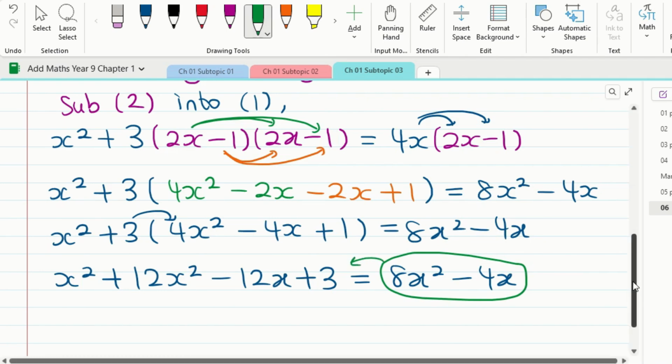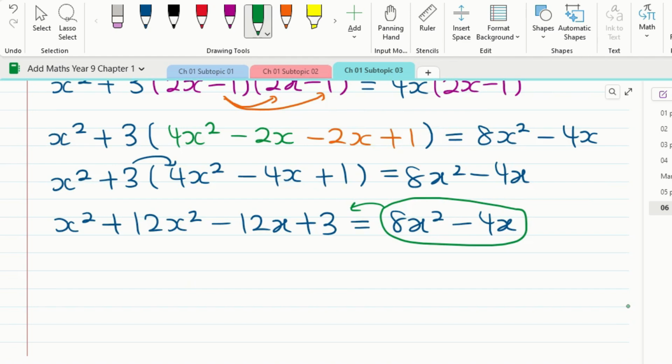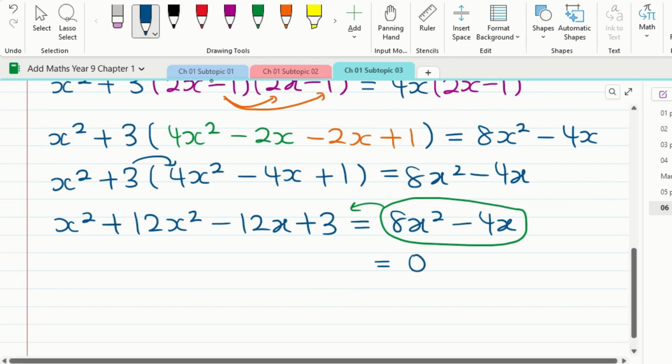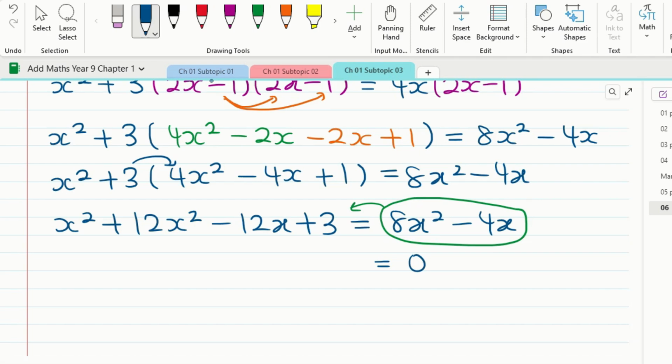So here I will move the 8x squared minus 4x to the right hand side, and it is going to be equal to 0. For the rest of the terms, I will just join them together, and let's see.